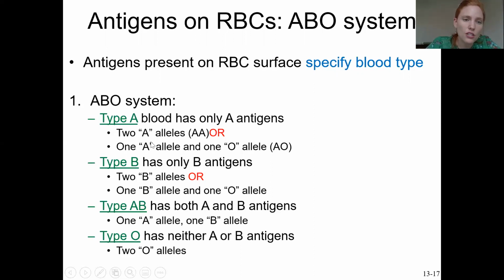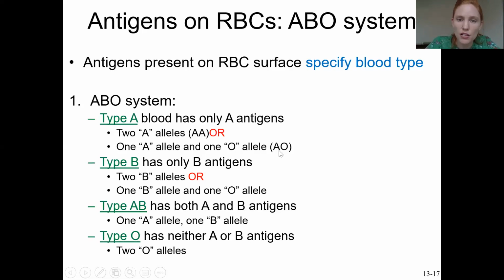The other way that you can get type A blood is that one parent gave you A allele, and again, it doesn't matter which parent it is, just one of them. One of them gave you an A allele, and the other one gave you an O allele.